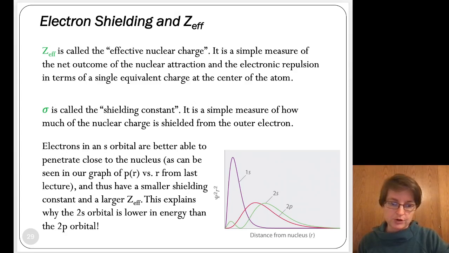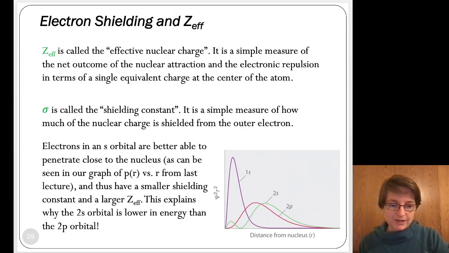This graph is shown at the bottom right-hand side of the screen, and the first thing we should plot is the 1s orbital. So these are our 2 electrons in helium that are part of the core electrons. They're closest to the nucleus. Those electrons experience no shielding. They have a strong interaction with the nucleus.